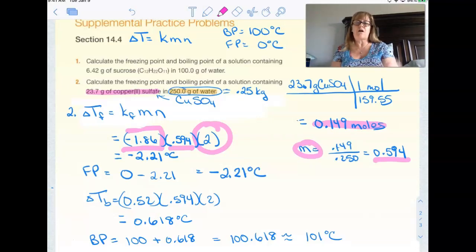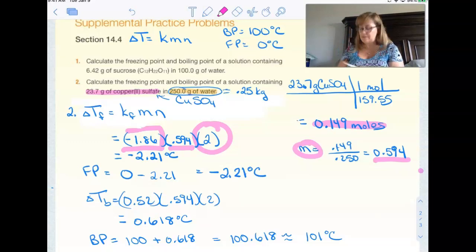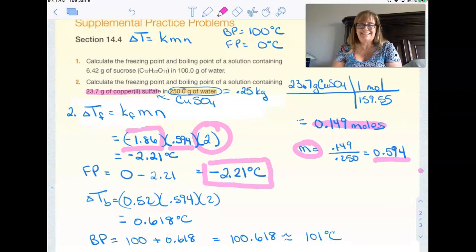You know this because copper is a metal and sulfate is a polyatomic ion. So copper is one of your ions, sulfate is your other ion. When I multiply this together, I get a negative 2.21 degrees. I subtract that from 0, and my new freezing point is negative 2.21 degrees Celsius.